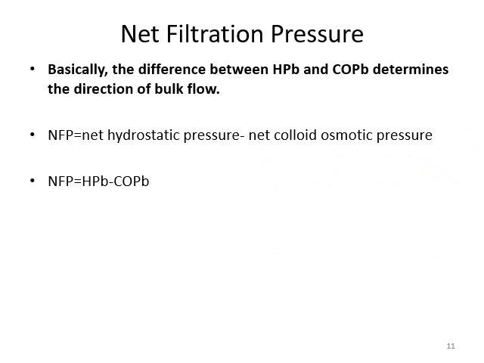So the balance or the difference between the hydrostatic pressure of the blood and the colloid osmotic pressure of the blood is going to determine whether we have filtration or reabsorption. Okay. So we use this thing net filtration pressure, which is just the hydrostatic pressure minus the colloid osmotic pressure.